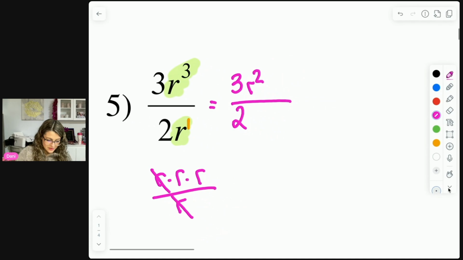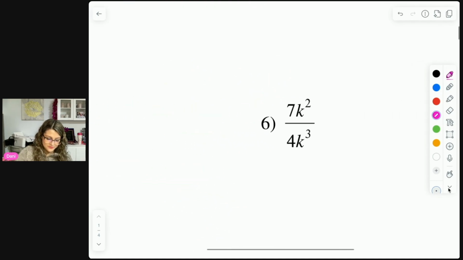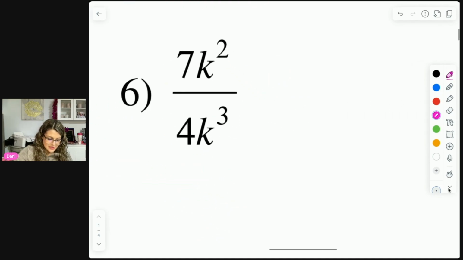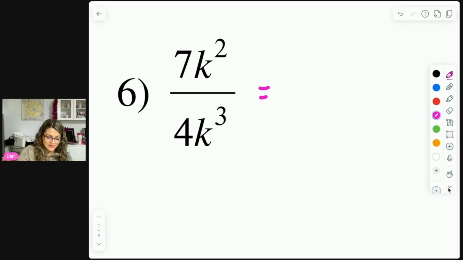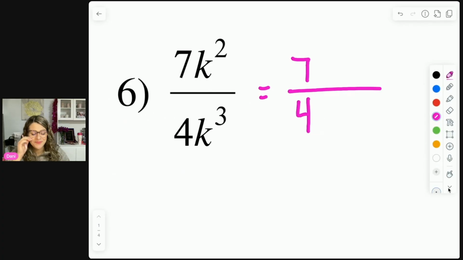All right, so let's check out number 6. Again, real life numbers, if we can simplify them, cool. If not, we just leave them be. That is a 4. Got a little ahead of myself there. Now here we have k squared on the top, k cubed on the bottom. We want to write it with positive exponents.